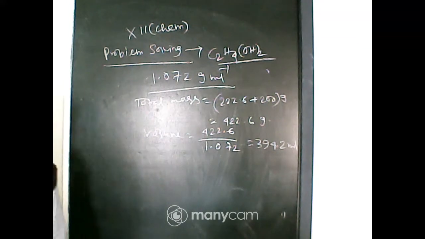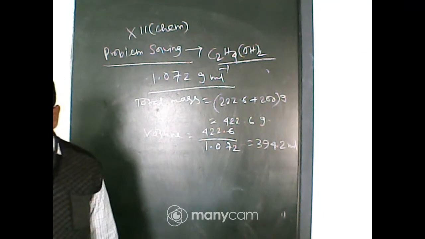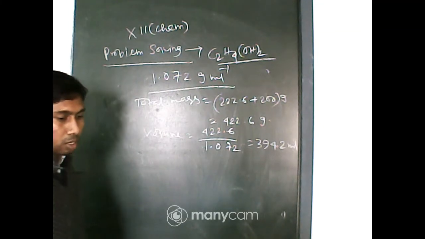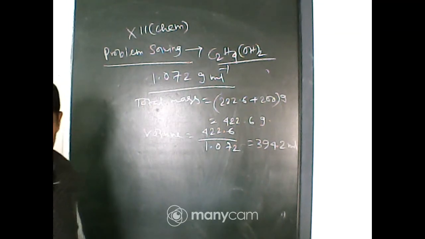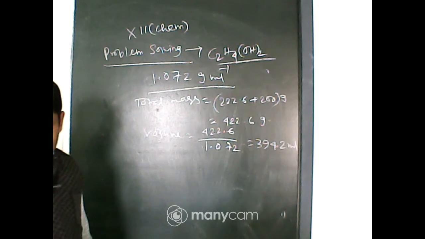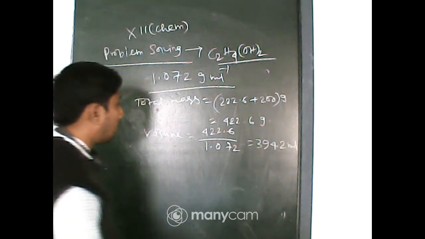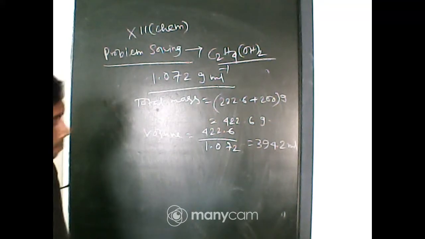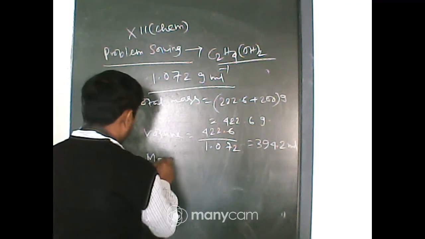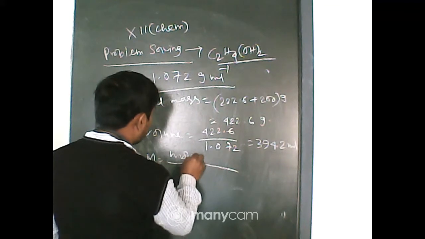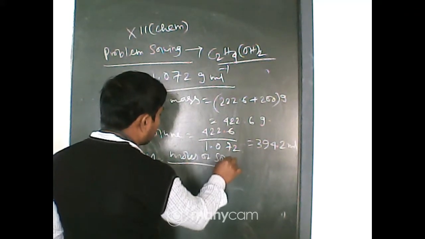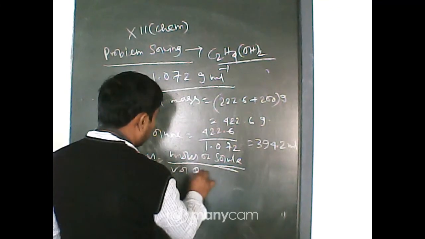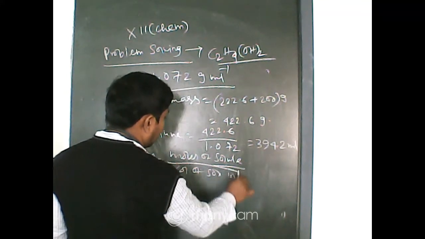Okay. Now molarity equals the number of moles of the solute divided by volume of the solution in liter. So capital M, that is moles of solute by volume of solution in liter.